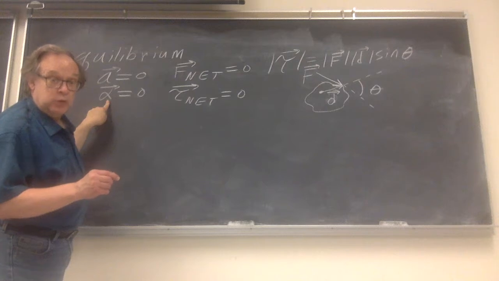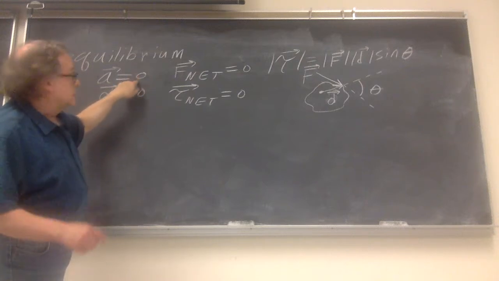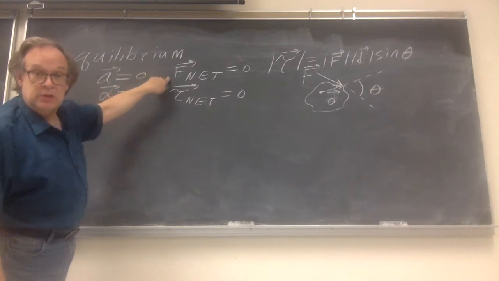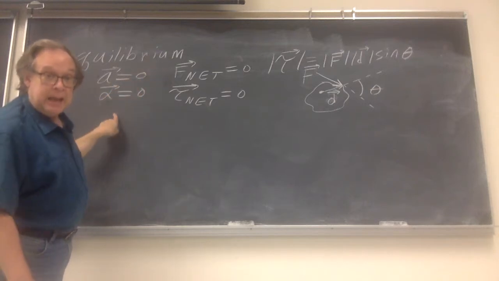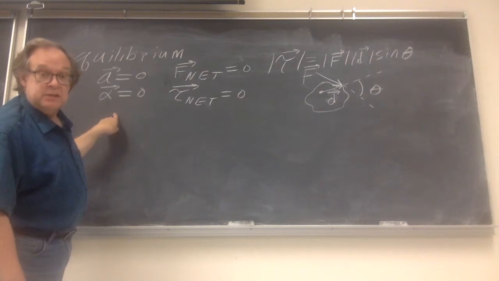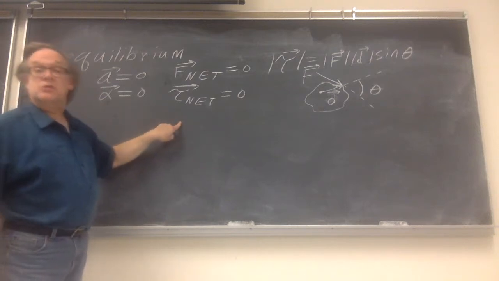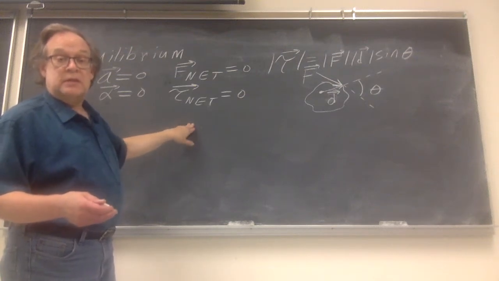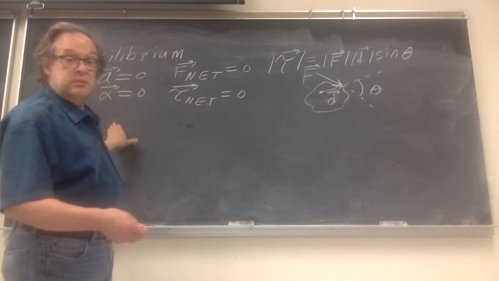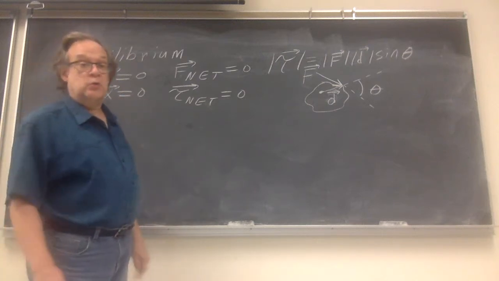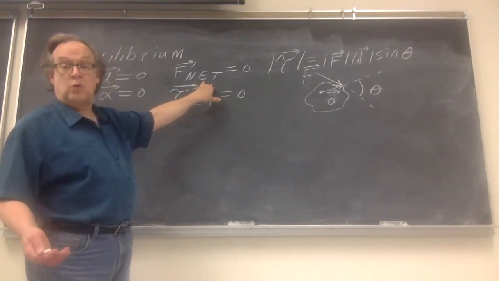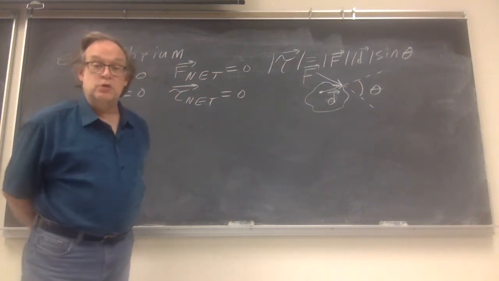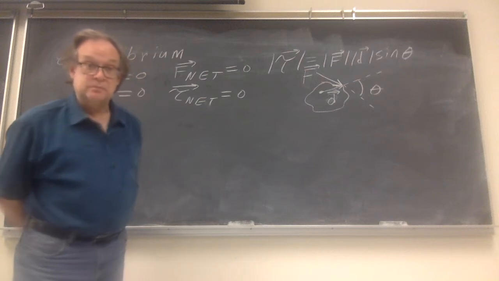So now equilibrium means that since there are no regular meters per second accelerations, there is no net force on the object, and since there are no angular accelerations, there is no net torque on the object. Remember, net torque is the thing that causes angular or rotational acceleration in exactly the same way that net force is the thing that caused regular meters per second acceleration.